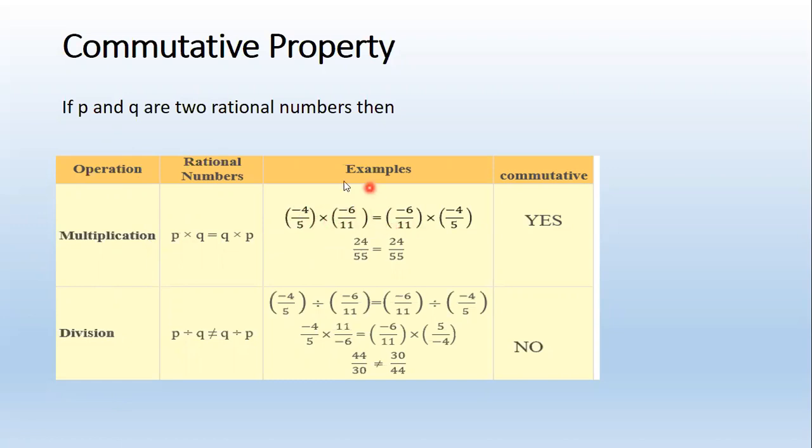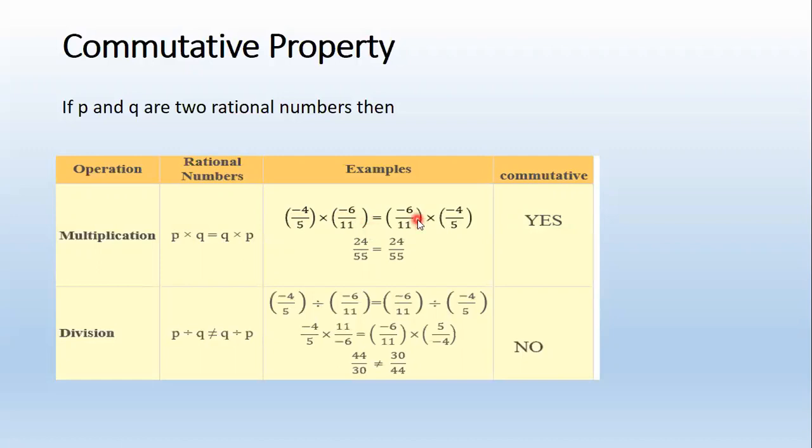So here LHS is minus into minus, it will be plus. 4 into 6 is 24. 5 into 11 is 55. That is, when we multiply rational numbers, multiply numerator with the numerator and denominator with the denominator. So we get the value 24 divided by 55.